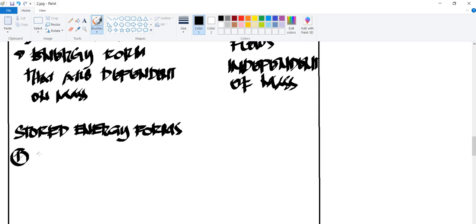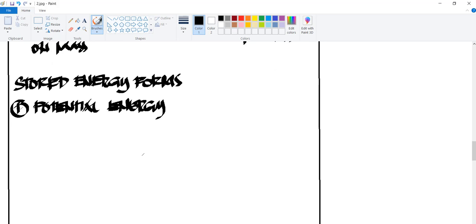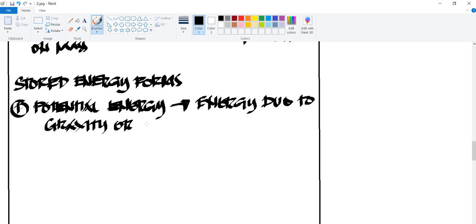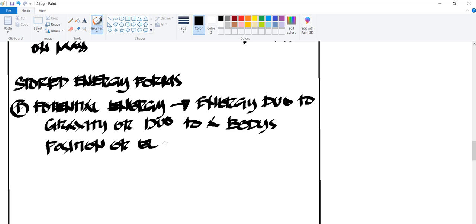So we have your stored energy forms. First, potential energy. Potential energy is energy due to gravity, or due to a body's position or elevation from the datum.